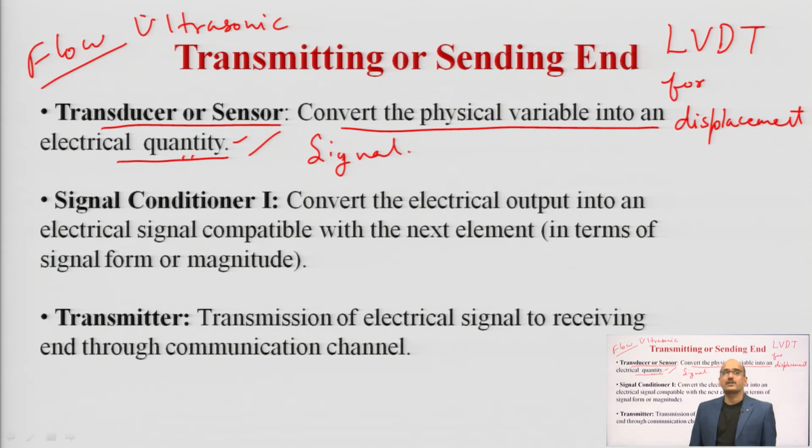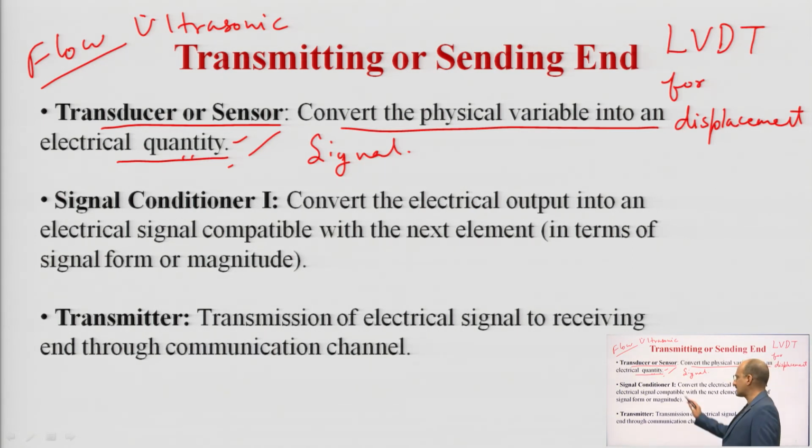Similarly, for pressure measurement or temperature measurement, you can use Bourdon tubes or RTD and thermistor thermometers respectively. So, this is about the transducer and sensor. The transducer is that unit that converts the physical variable or physical quantity into an electrical quantity.